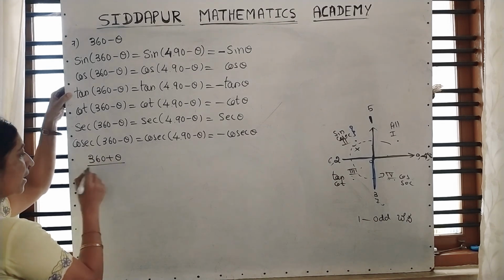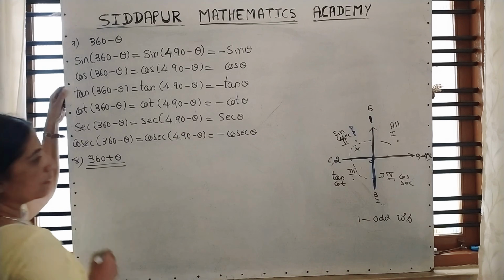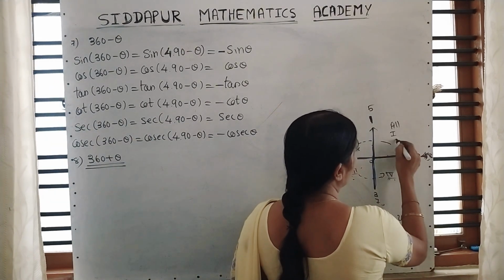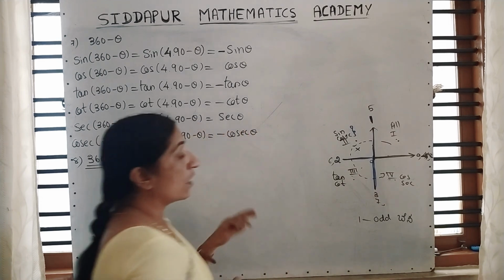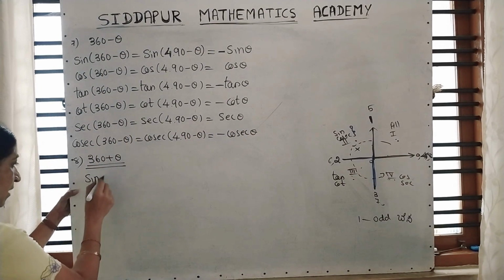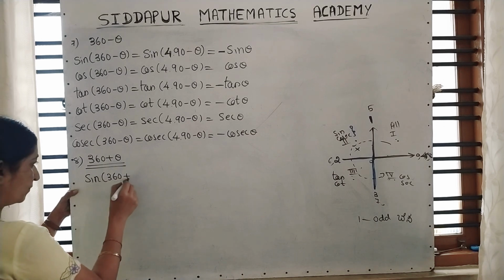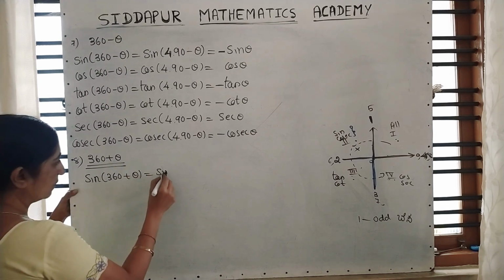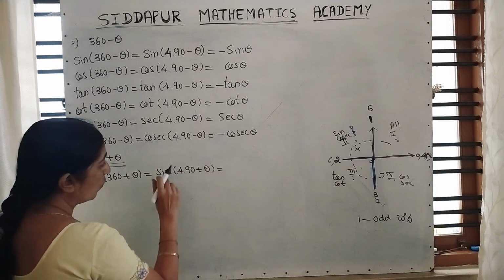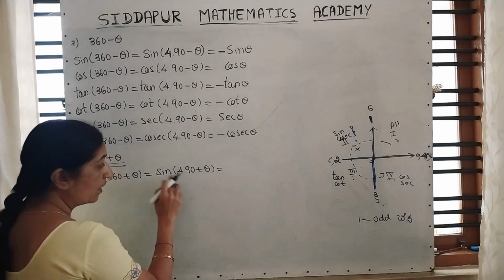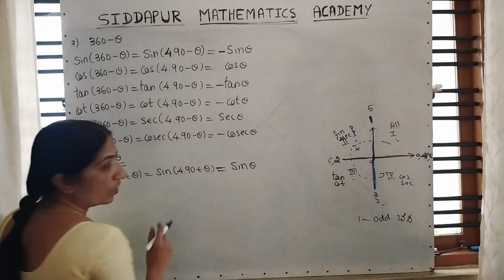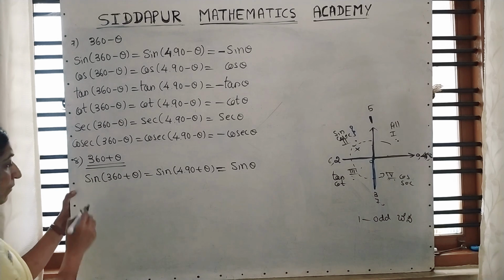Then 360 plus theta. This is 4 into 90 plus theta, which means the first quadrant. In the first quadrant all are positive. That means all your answers are positive. 4 is even, same number. Sin remains sin, and it comes in the first quadrant, where all are positive.